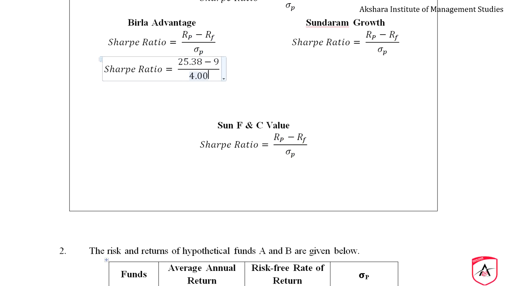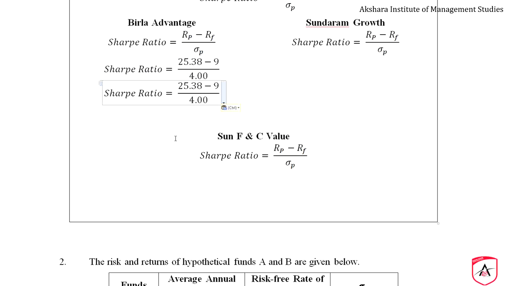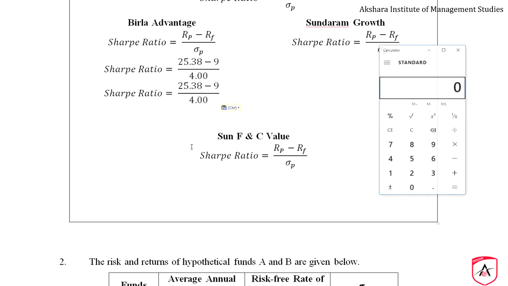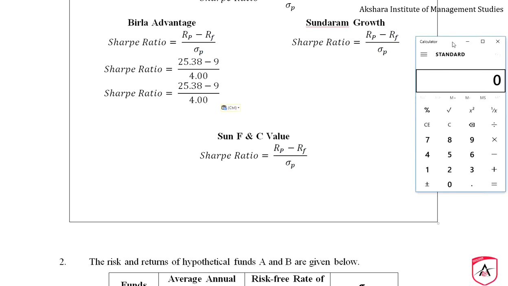Now we have to calculate this and come up with a solution. Let us take the calculator. 25.38 minus 9 is 16.38, divided by 4.00, that is going to be 4.095, right?